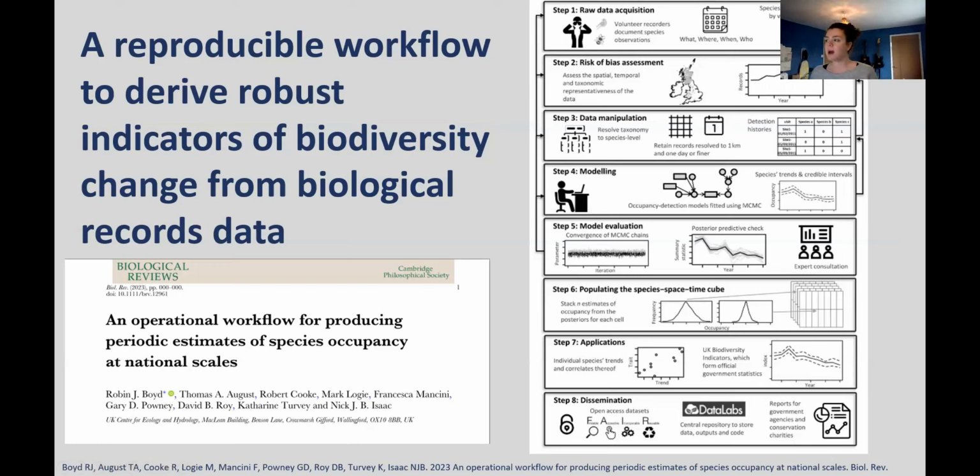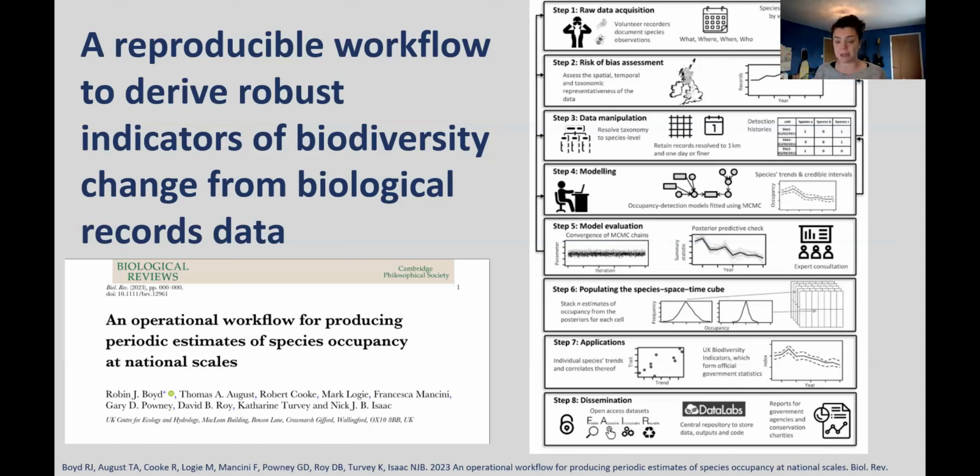After that, there's a data manipulation step where we try and homogenize this very heterogeneous data set by, for example, resolving taxonomy to species level only, and also only retaining records that are at a certain temporal or spatial resolution.